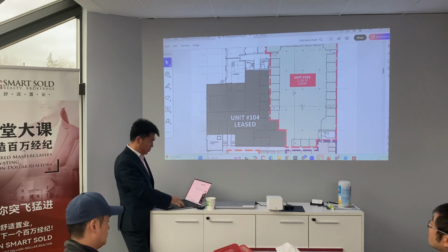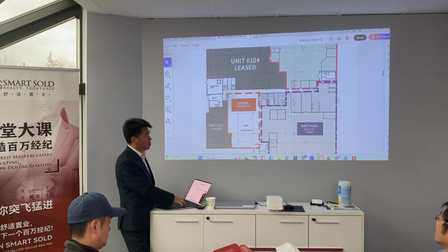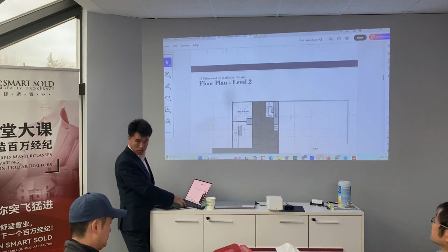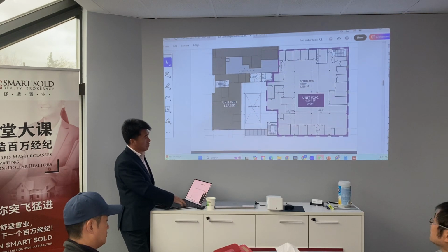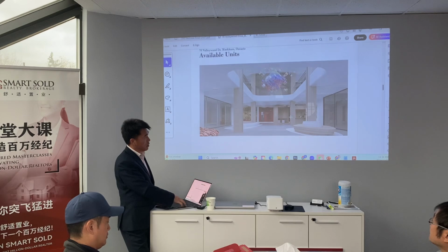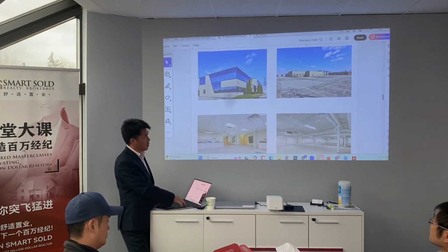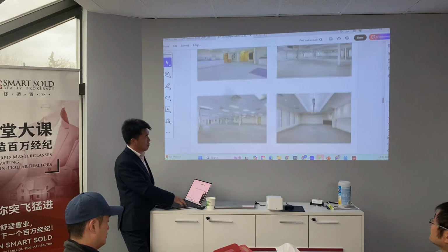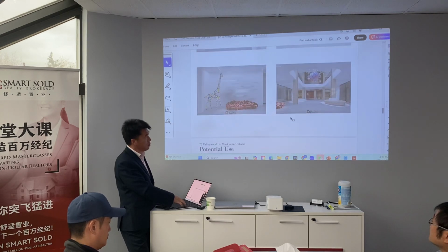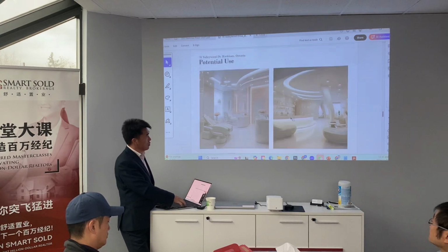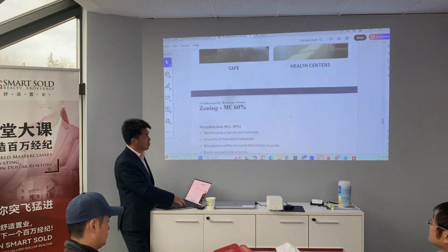But with this package, you have a better understanding of how the first floor looks like and how the second floor looks like, right? That's why you need this kind of package, and those are some rendered pictures for different units, because we had some newly renovated ones, and those are some samples for potential uses.